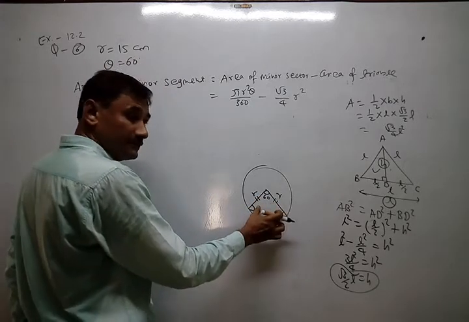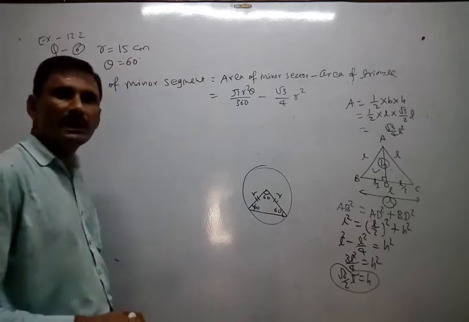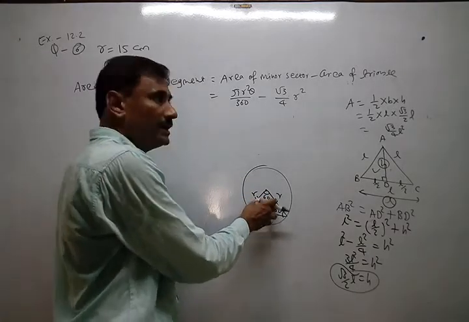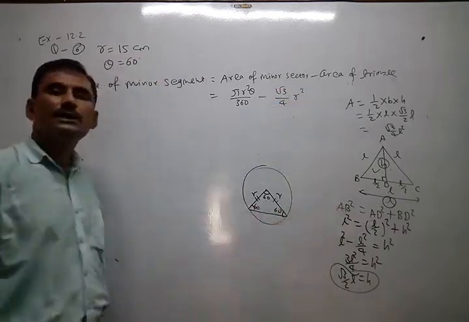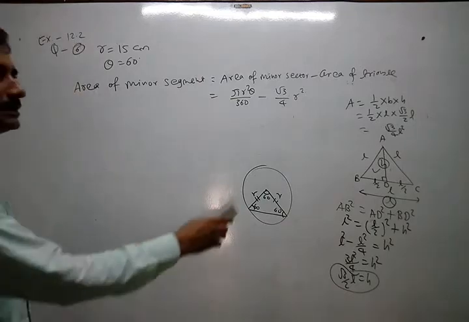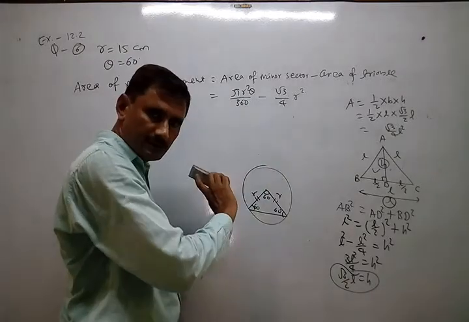So the remaining is 120, half of which is 60 here. So all angles are equal, so all sides are also equal. So that is why it is an equilateral triangle, and where the equilateral triangle's formula came from, that we also derived. So if you understand, then you can derive it this way. Otherwise, just learn it.